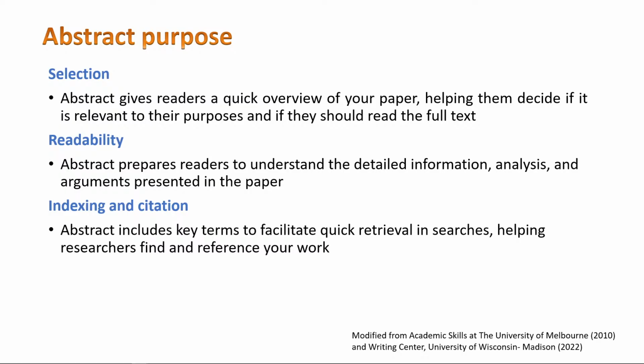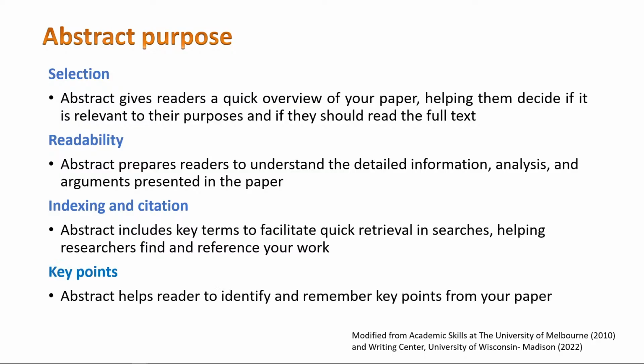So I think I covered readability, indexing, and citation. The other objective of the abstract is key points. So you put in the abstract the key points, what you want the reader to remember from this paper, whether while they are reading it or after they read it.